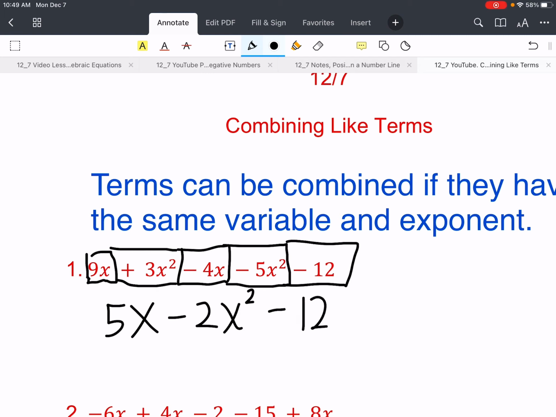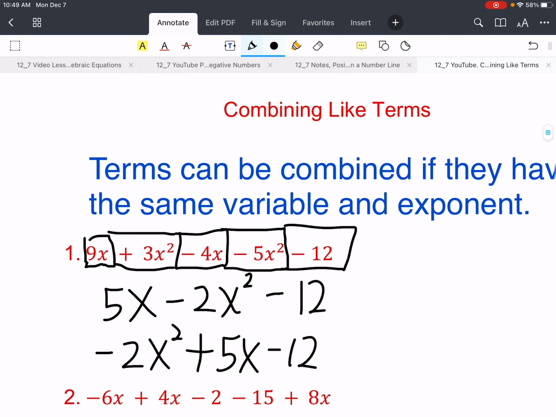A lot of times you will see expressions written from the bigger exponents and variables from left to right. So this might be written as negative 2x squared and a positive 5x minus 12, but either one of these would be fine. The box method is also a nice way to make sure that we count all of our terms.